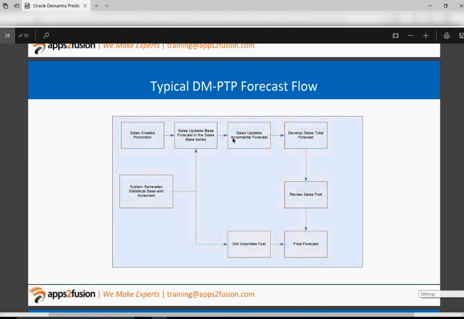Typically, sales at this customer would update their incremental forecast and base forecast and then develop a total sales number. Similarly, the demand planning team was overriding the base forecast generated from demand management, and they are finally responsible for reconciling their sales forecast number and their own number to achieve a final forecast.